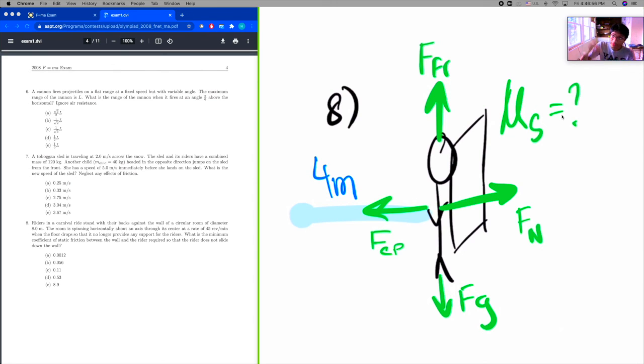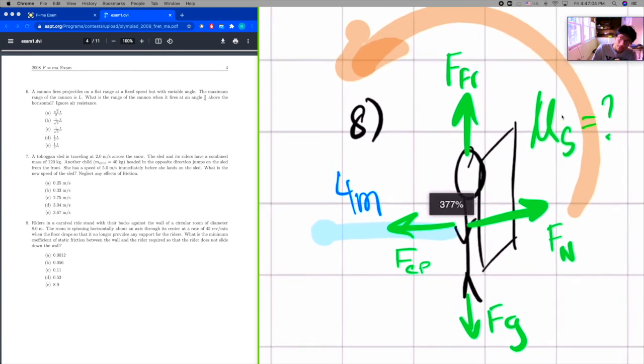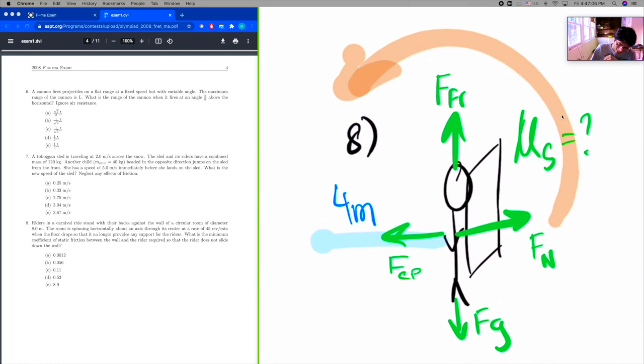And this thing is revolving around some kind of axis, at a speed of 45 revolutions per minute. Okay, so what does that tell us? Can we do anything with this information? Yes, we can.